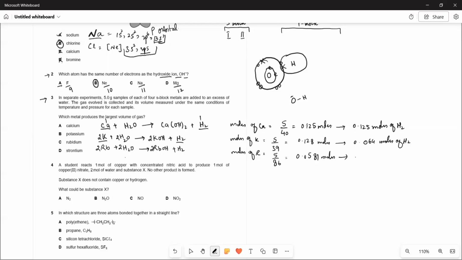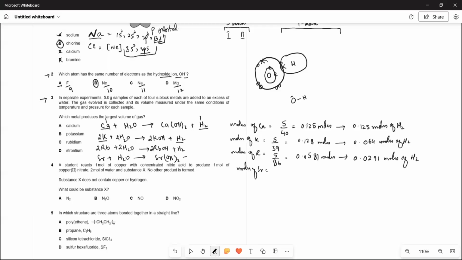So it's 0.0291 moles of H2. And similarly, we can check for strontium. It is in group 2, so its balanced equation is just like calcium, right?